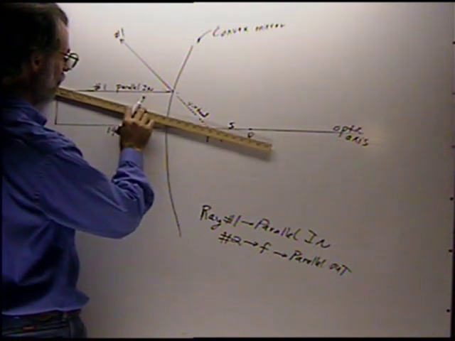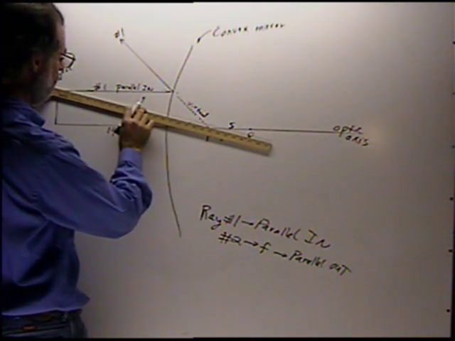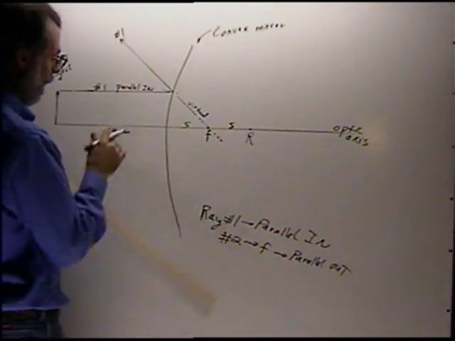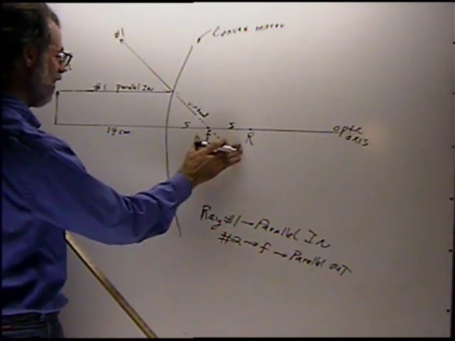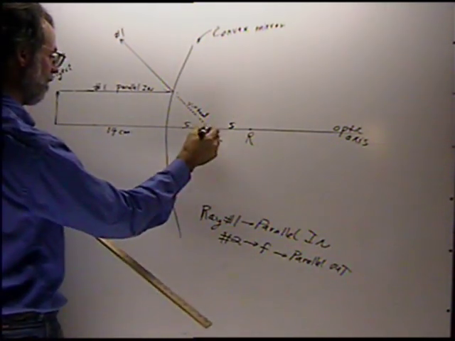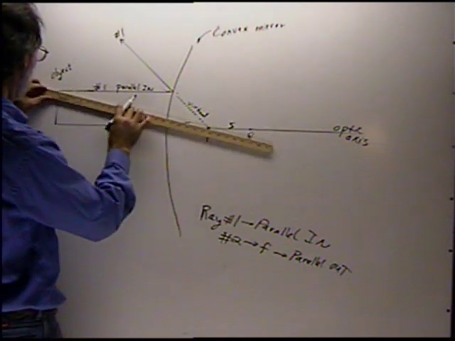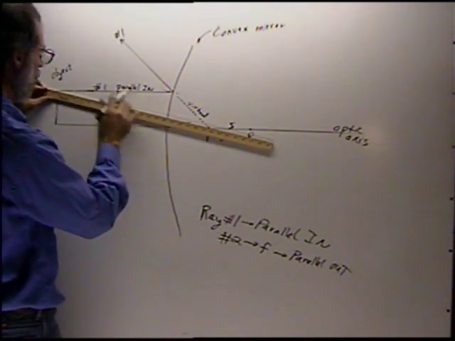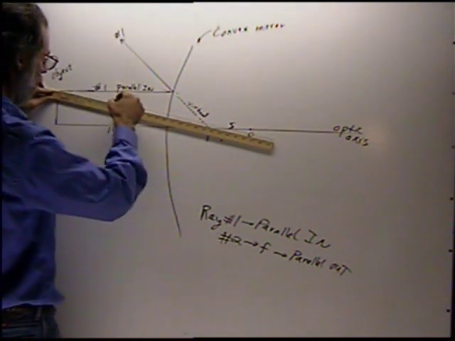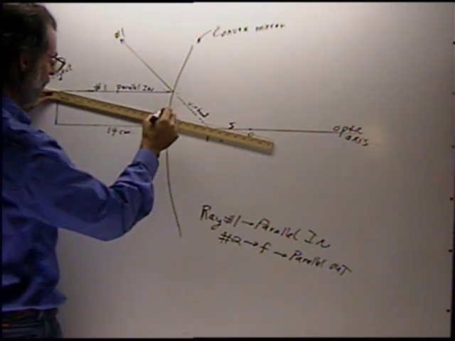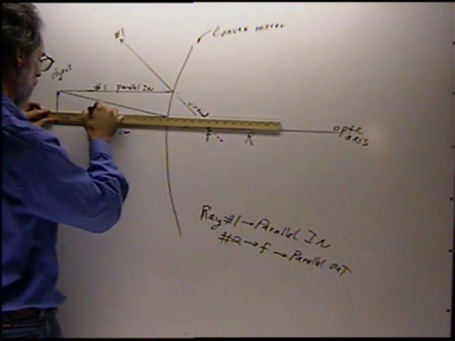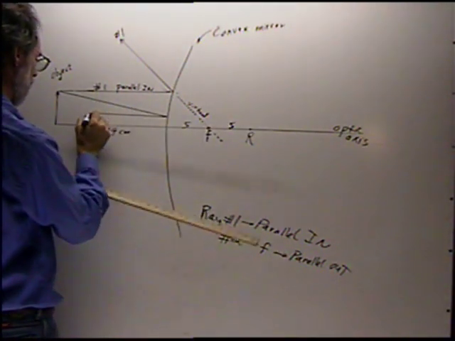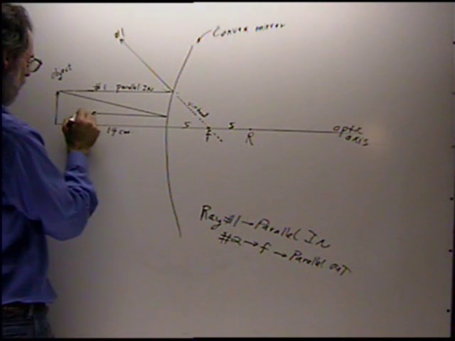We're going to draw it as if it's going through F. In other words, in this kind of case, the focal point is on the right-hand side. But we draw it as if it is going through the focal point, but it never gets there because it comes out parallel. Okay. That's ray number 2.